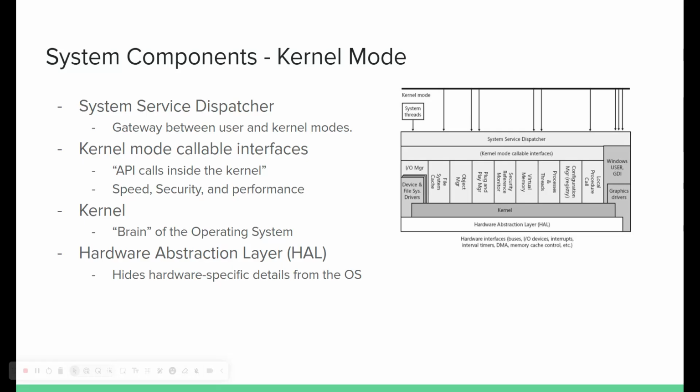Then we move into the kernel mode callable interfaces. As mentioned with the system service dispatcher, we were connecting the user mode and kernel mode. However, with the kernel mode callable interfaces, this is no longer the case. We could think of this as API calls inside the kernel. So there is no use of user mode in this case with the callable interfaces.